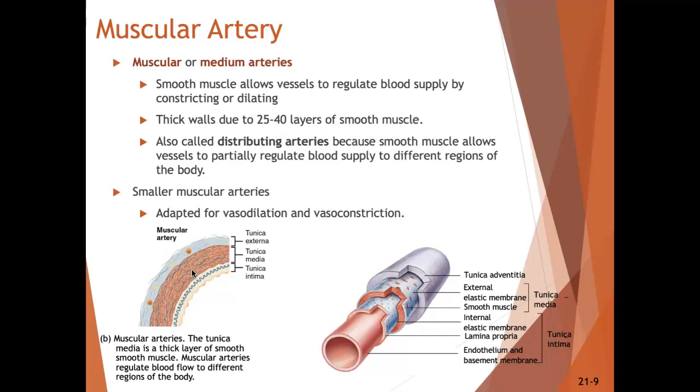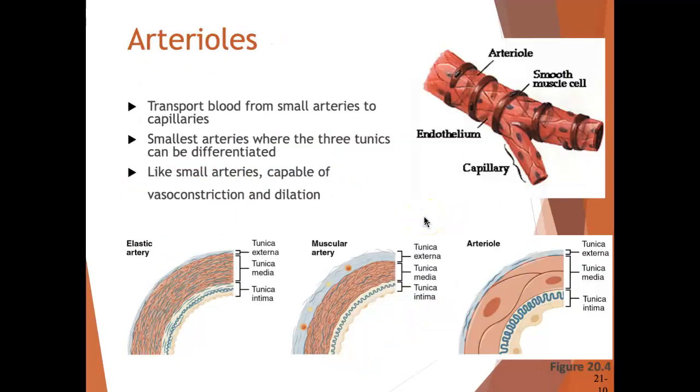For instance, I mentioned an example of a muscular artery is the brachial artery, and that is distributing it to the area of the arm. And next we have our smaller muscular arteries, and that is just going to adapt for vasodilation and vasoconstriction.